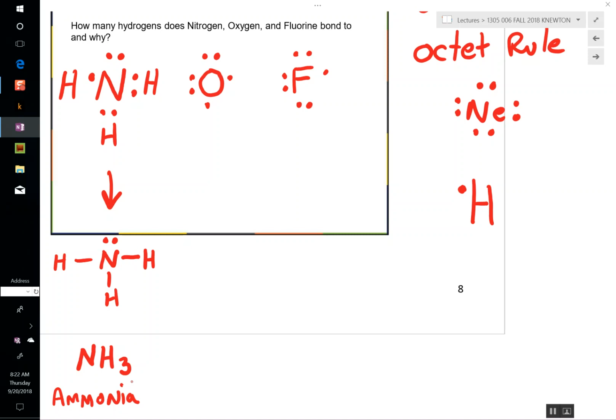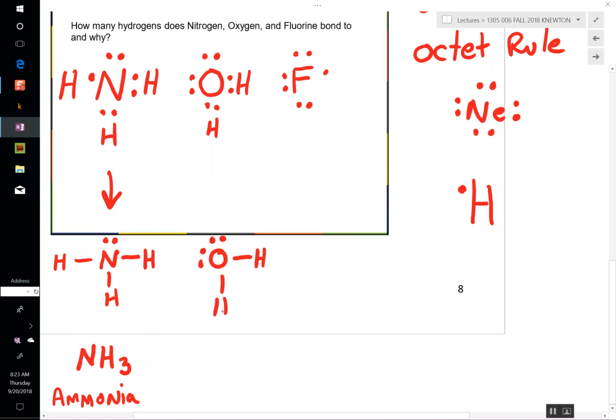How many hydrogens does oxygen need to share electrons with? 2. And why are we doing this? Because the octet rule is telling us that oxygen wants an octet of electrons around it. And so we would convert this to this.